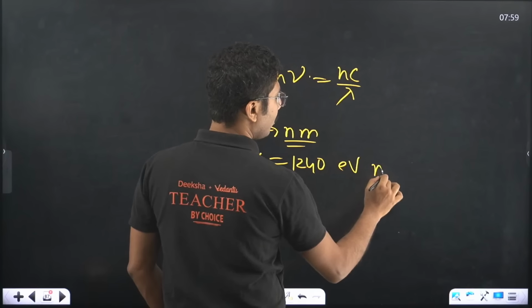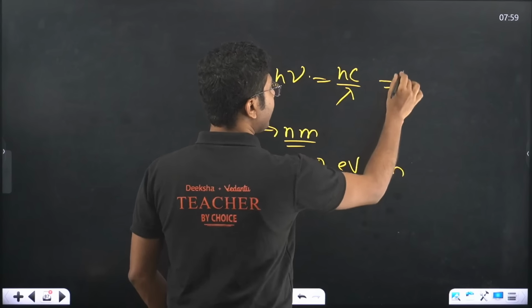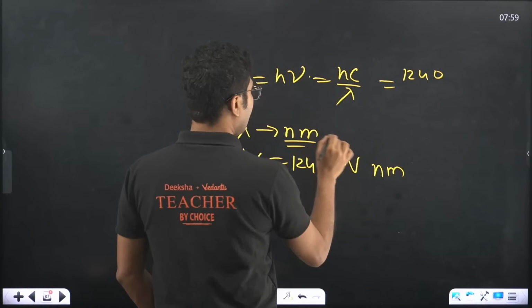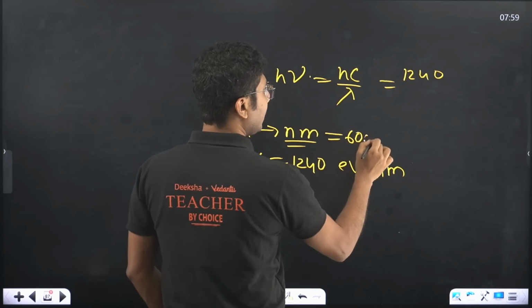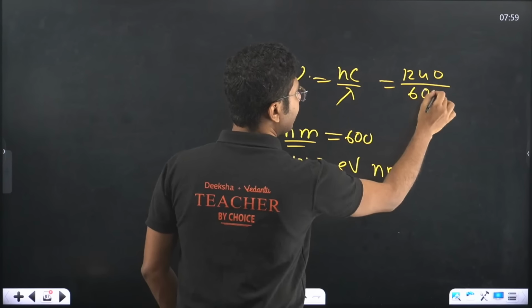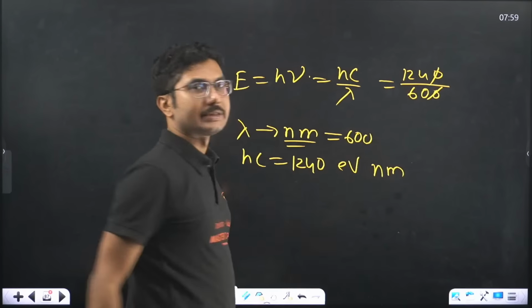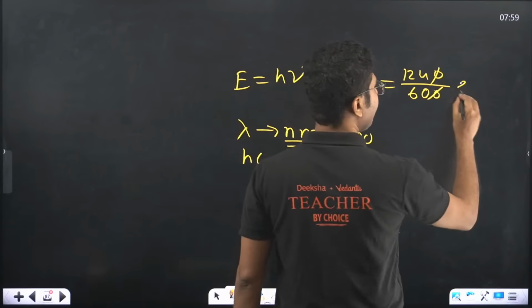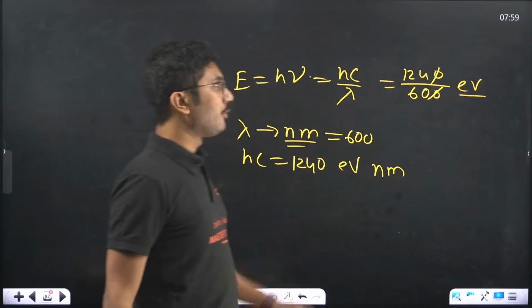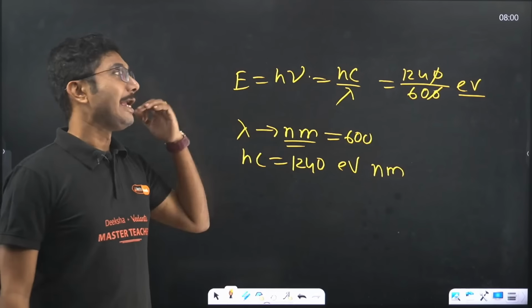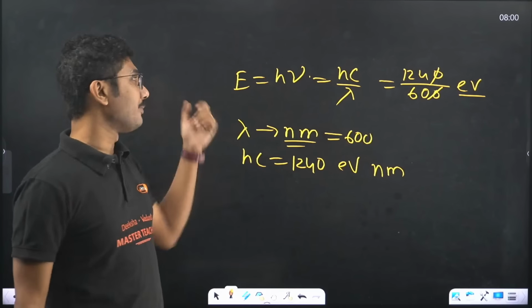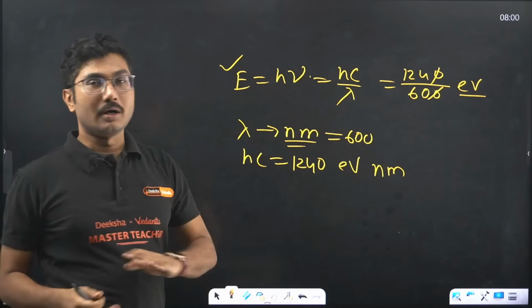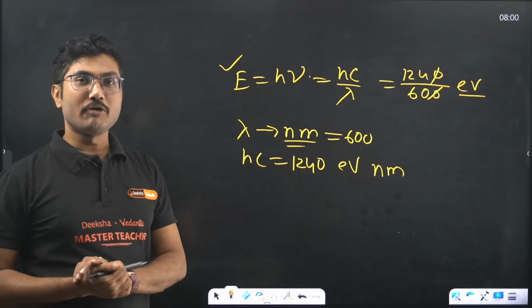electron volt nanometer. If you put this value 1240, and suppose the wavelength is given as 600, you don't need to do anything else. You simply cancel and calculate the value of energy. The unit will be electron volt. You don't need to put the values of h and c. h and c might be required if they ask you for energy in terms of joules.